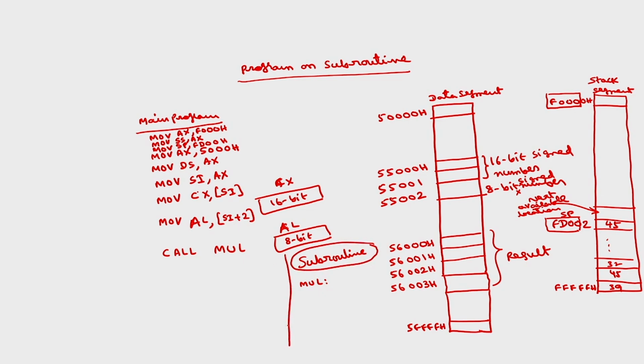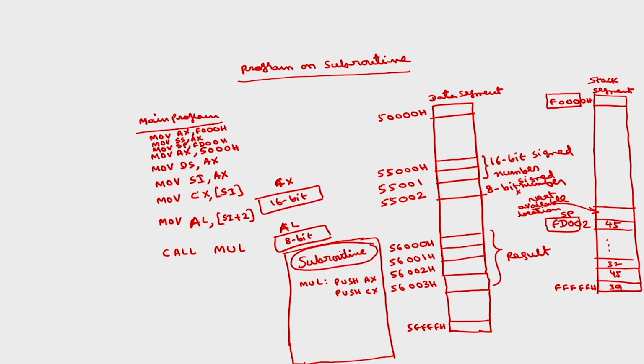Because in the main program we are using the AX register and CX register, we have to first push these registers, because here also you have to use the same registers for the operation of this subroutine.